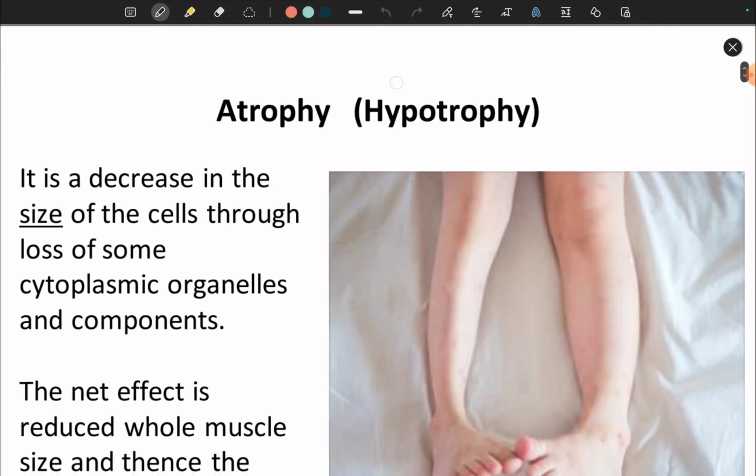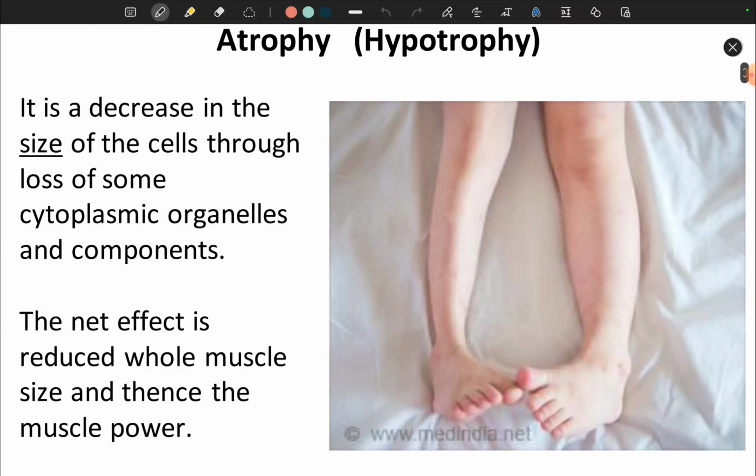Okay, now let's talk about atrophy. It is the decrease in the size of the cell through loss of the intracellular components and organelles. So there will be a reduction in the content of the sarcoplasm, the glycogen content, the myosin filament, the actin filament, the organelles, all the ultrastructural organelles, mitochondria will be decreased.